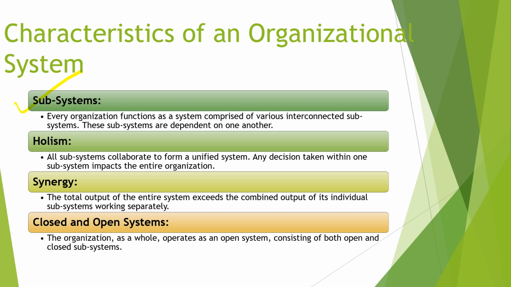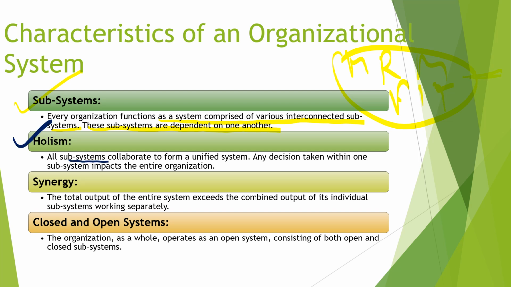Every organization functions as a system comprised of various interconnected subsystems. These subsystems are dependent on one another. For example, within an organization, HR, marketing, finance, IT, production, and the research and development wing are all subsystems within the organization.